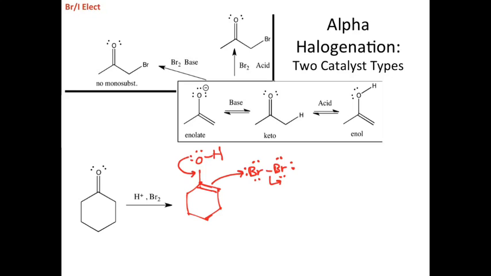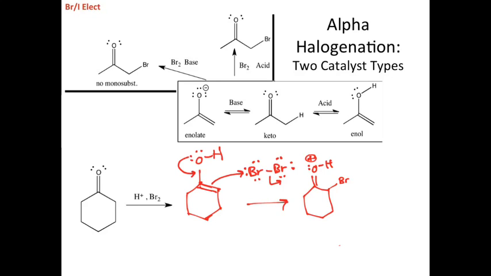But they do need to be relatively polarized, either by the solvent or by our nucleophile, to actually initiate something. So it's similar to what you saw with our EAS reactions. And we would now end up with our halogenated product.